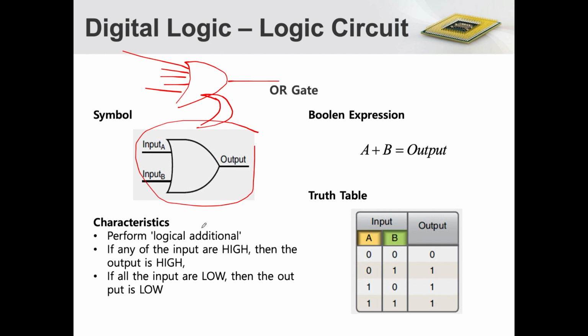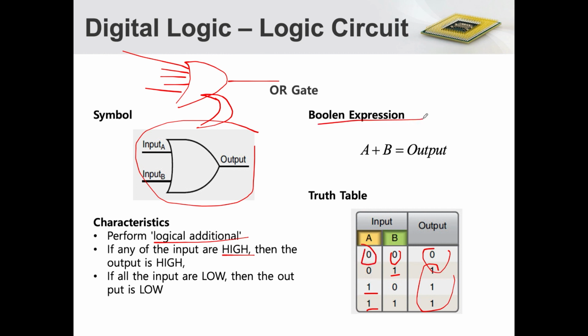Over here the characteristic is logical addition, which is you add, and if any input is high, as long as you have high, then you will get high, and you will get low only when both inputs or all inputs are 0.